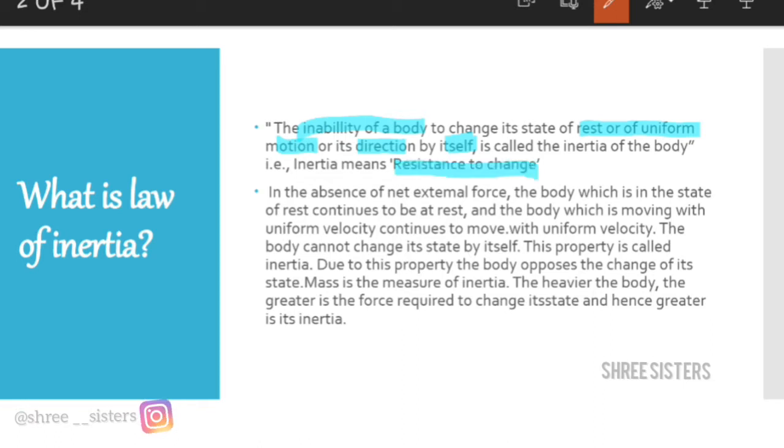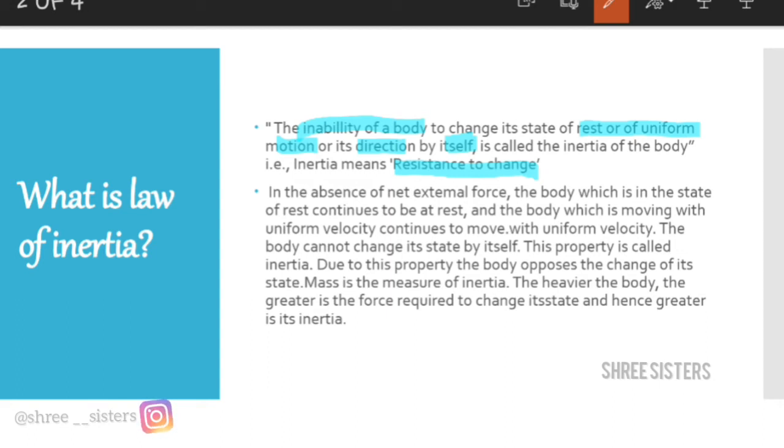The inability means not being able to. The body doesn't change its state of rest or uniform motion or direction by its own self. That is called the inertia of the body. That inability is called inertia, resistance of change of state of motion.